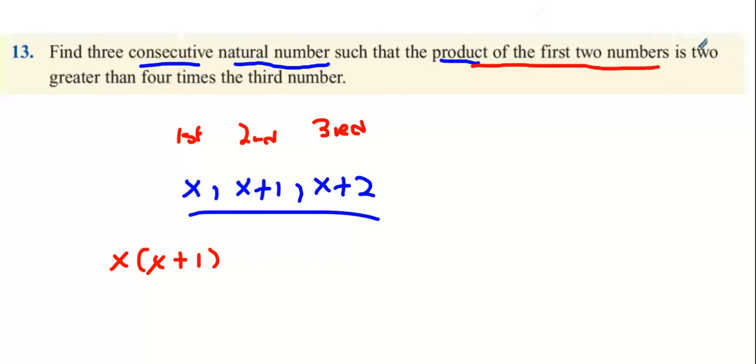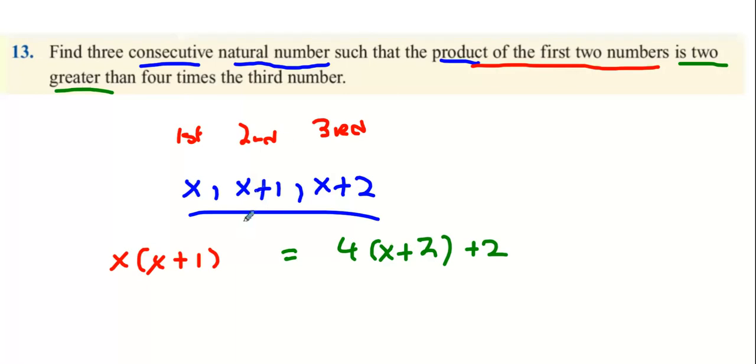Now, read this part. It's 2 greater than 4 times the third number. So 4 times the third number is 2 smaller than the product of the first 2, so I had to add an extra 2 onto the right to make this happen.